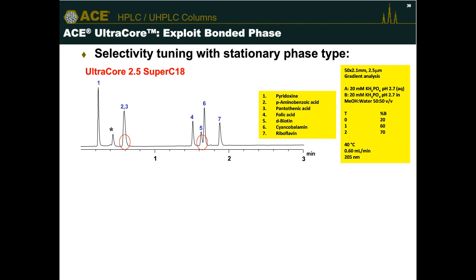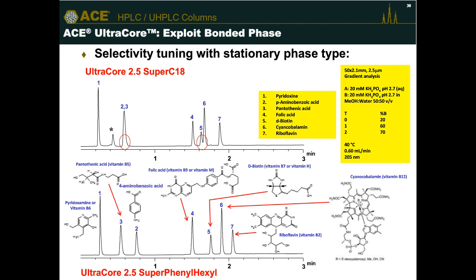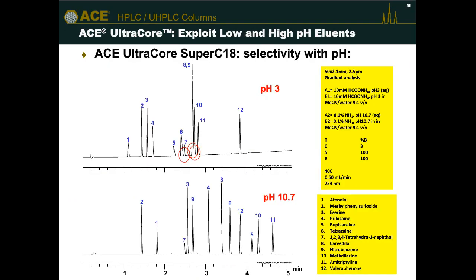Big changes in selectivity, especially for aromatic compounds in this case. And again, you can just choose one column that is capable of running at different pHs and do a pH switching experiment, because the results you'll see are quite extreme, because it changes the ionization of the analytes. It moves all those peaks around.